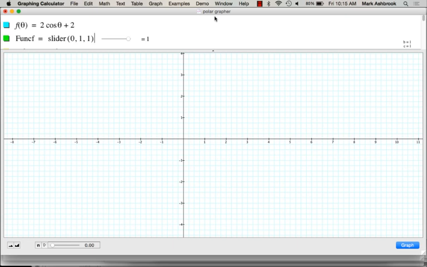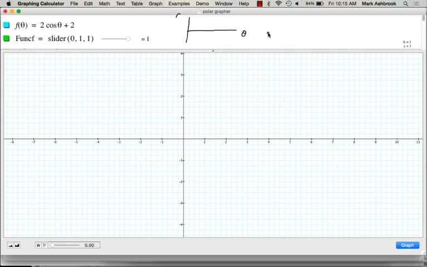First, you're going to sketch that in rectangular coordinates, where our polar angle theta will be on the horizontal axis, and the vertical axis will be r. Again, 2 cosine theta plus 2. And then you're going to use your sketch to sketch it in the polar plane.